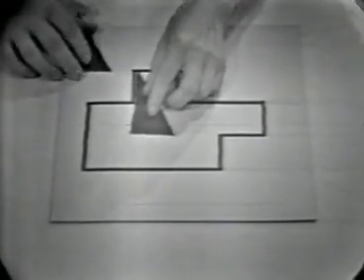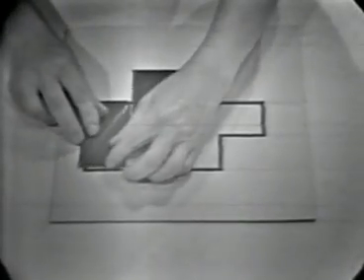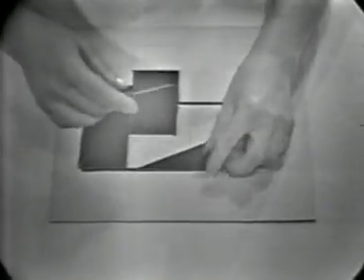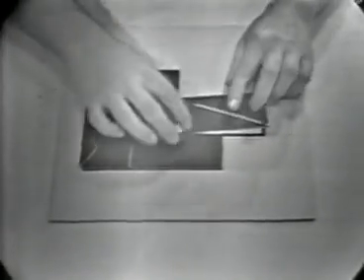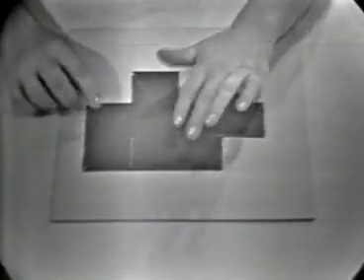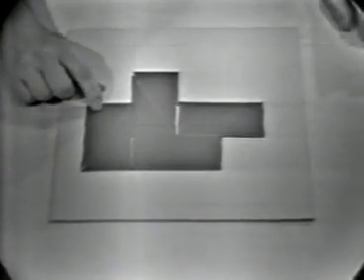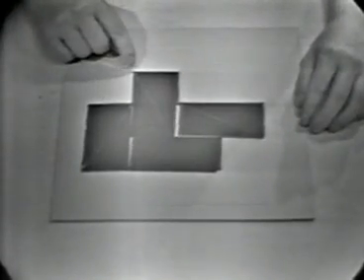We then see how many of these units it takes to cover this region. We have 2, 4, 6, 8. Using this unit, this region has an area of 8 units.